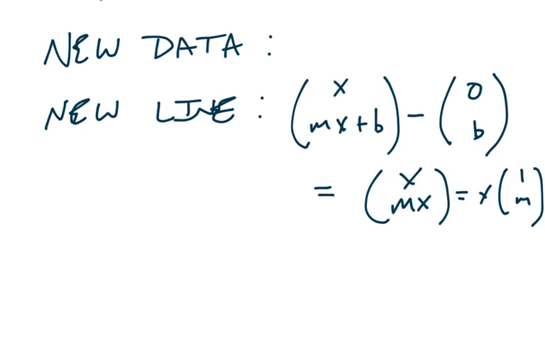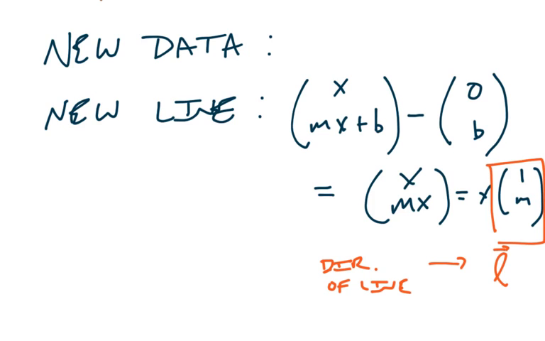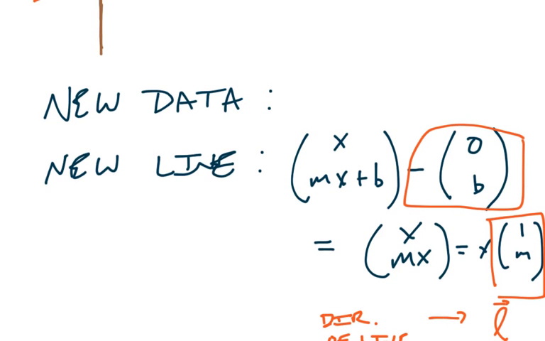And this (1, m) thing, we're going to denote that by l, the lowercase l vector. This is the direction of our line, as a vector. And this subtraction of (0, b) is what's going to generate our new data set for us. All right, so our new data set, it used to look like, as vectors, (xi, yi).